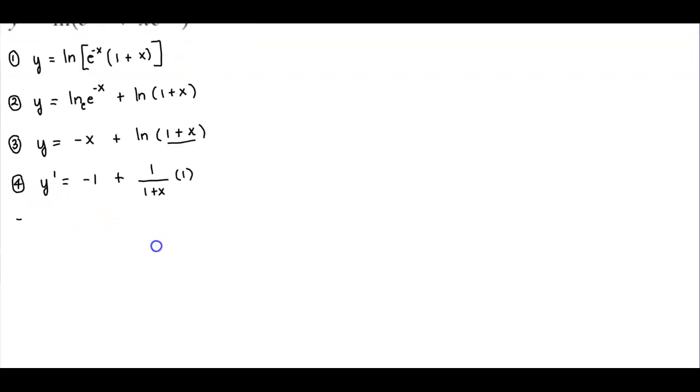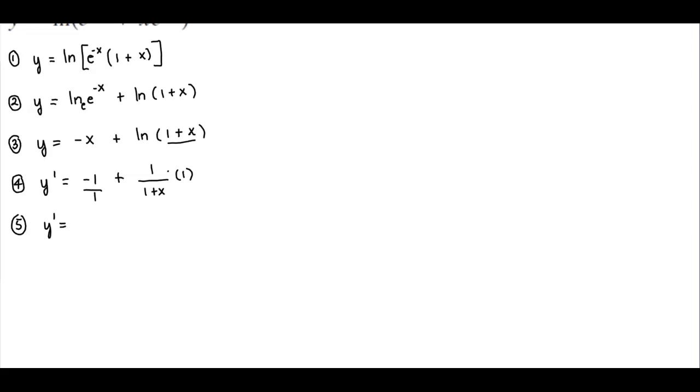So therefore, we have y prime equal to negative 1 plus 1 over 1 plus x, since this 1 over here times 1 is going to give us 1.